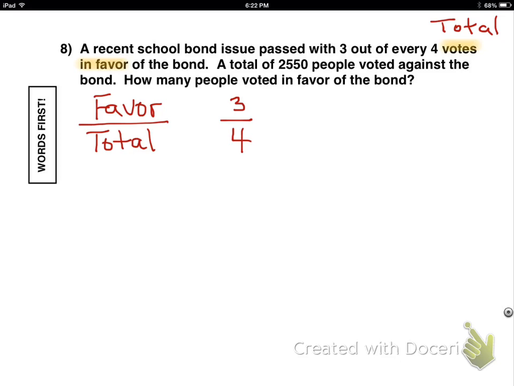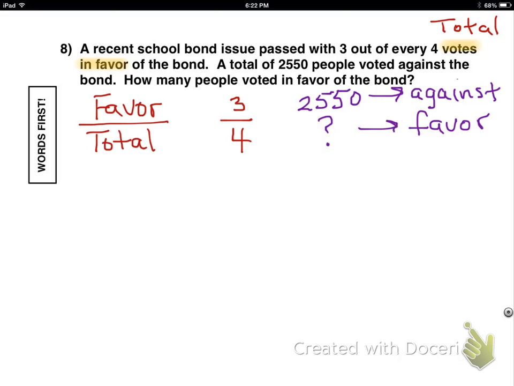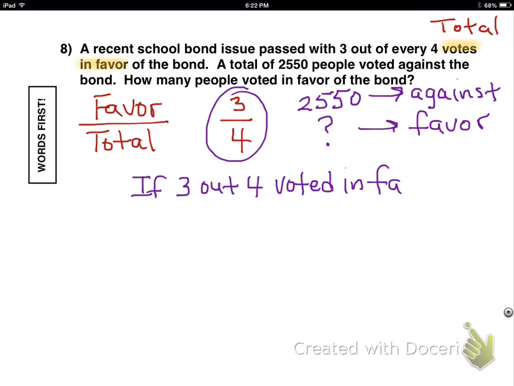But in the problem, we're told that 2,550 voted against, and what we want and don't know is how many voted in favor. Well, notice the original ratio, 3 to 4. If 3 out of 4 voted in favor, then 1 out of 4 voted against.